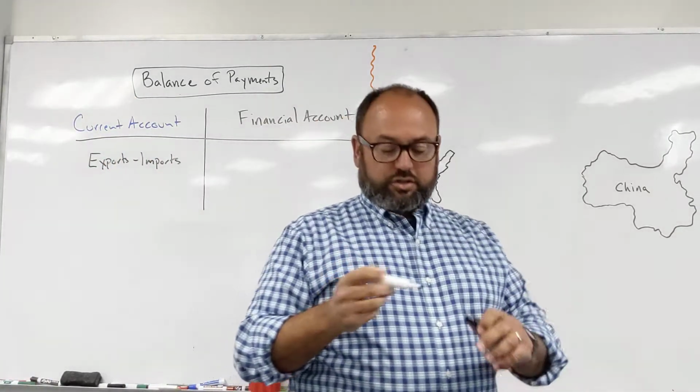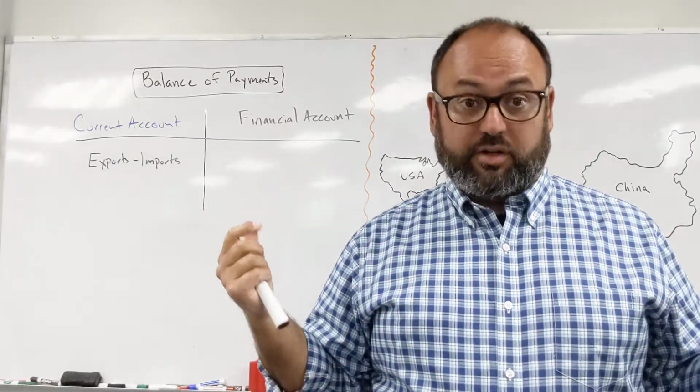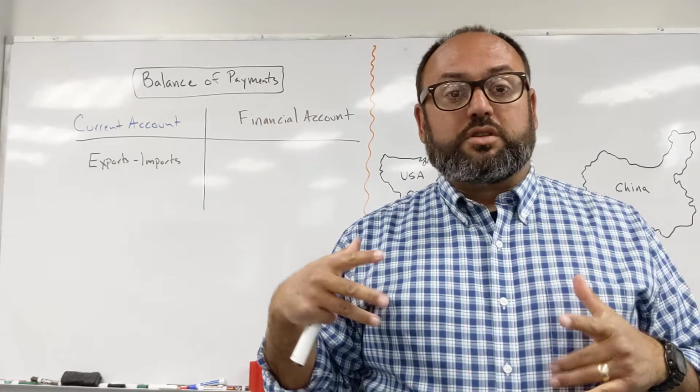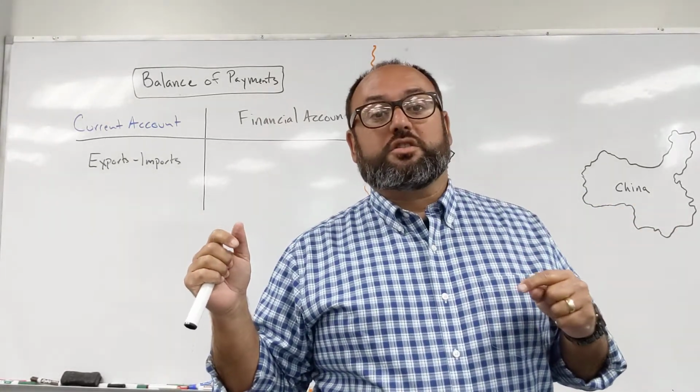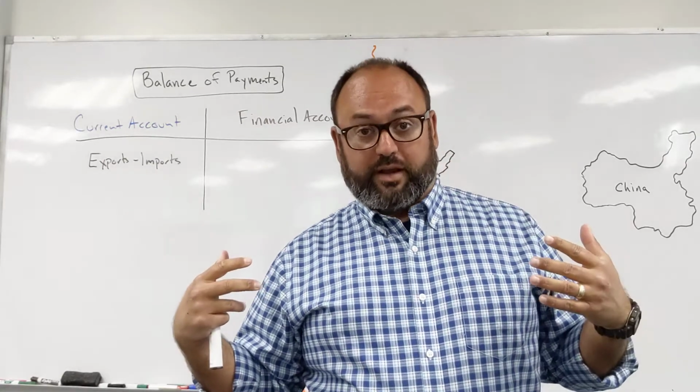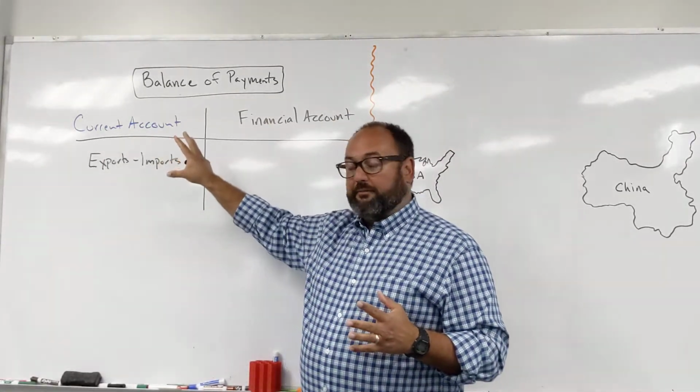Exports being the goods and services that, since we're Americans, will be Amerocentric. Exports being the goods and services that Americans sell to the rest of the world. Imports being the goods and services that Americans buy from the rest of the world. So when we really think about current account, we think about that.